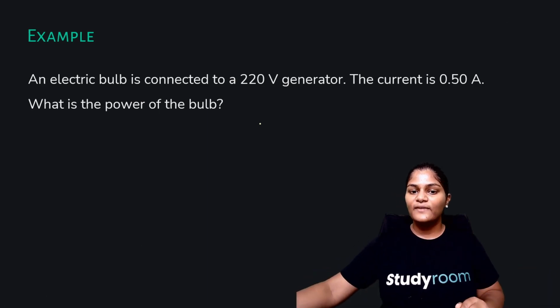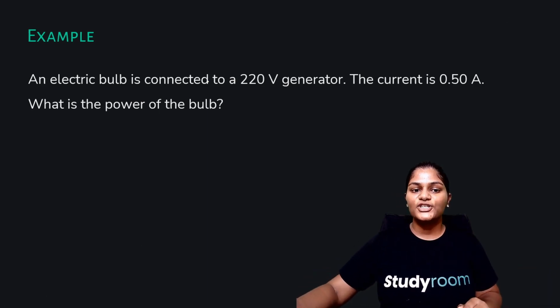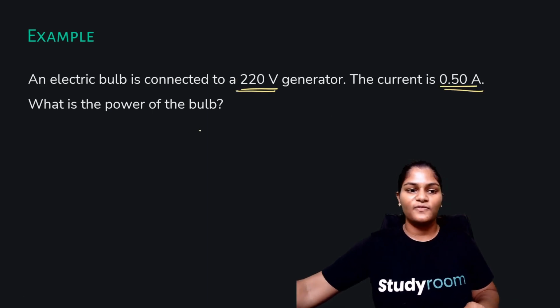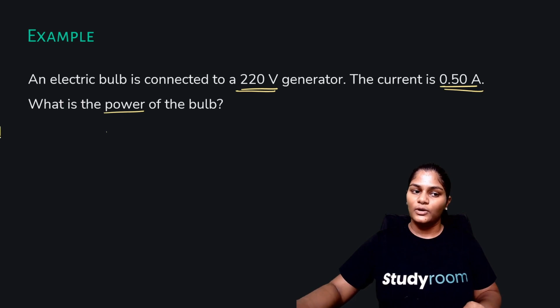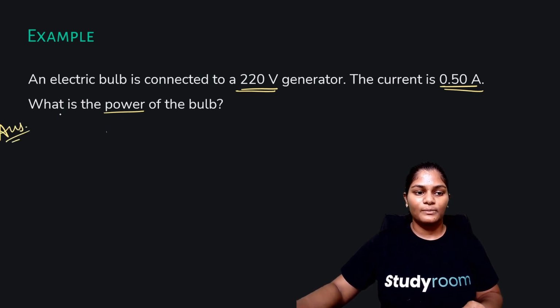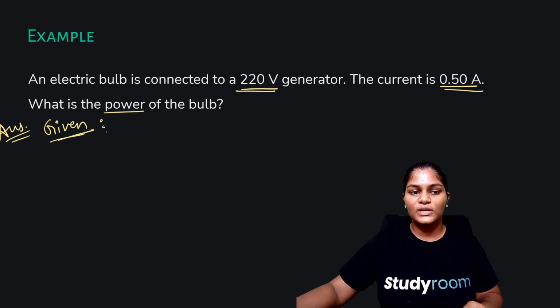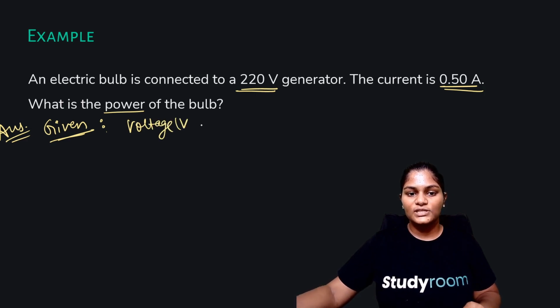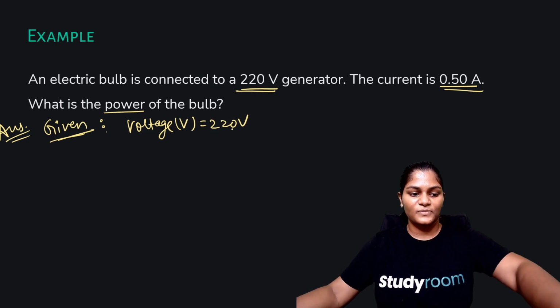So here we have a question that says an electric bulb is connected to a 220 volt generator and the current is 0.5 ampere. What is the power? Okay, we follow our basic steps, which is to always write the given. What is given to us here? We are given the source voltage V equal to 220 volts, right?